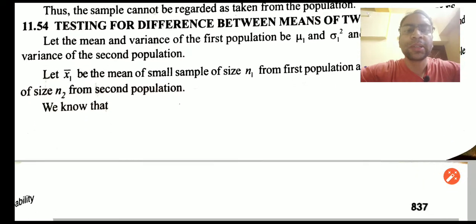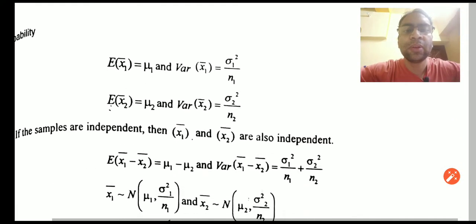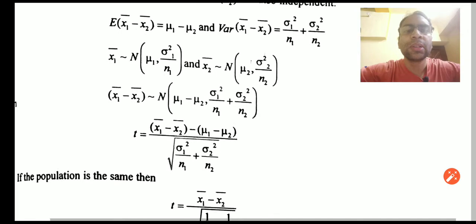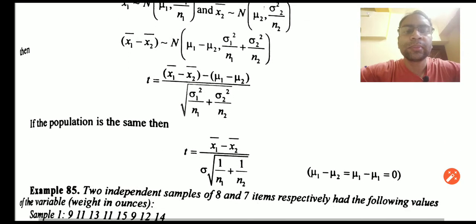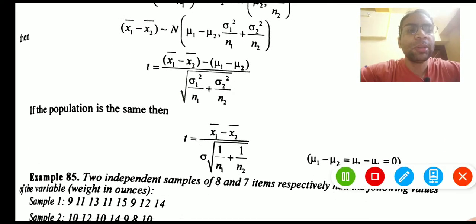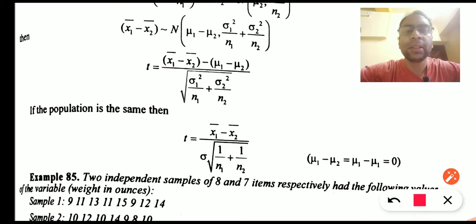Now let's see what the formula for this will be. This is the formula for comparing. We can see that this is the formula of T, where x1 bar is the mean for the first sample, x2 bar is the mean for the second sample, and similarly sigma 1 and sigma 2 are the standard deviations of the first and the second sample.